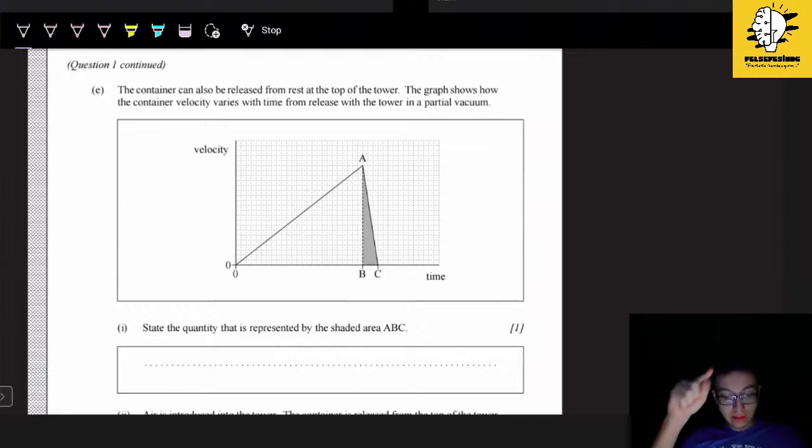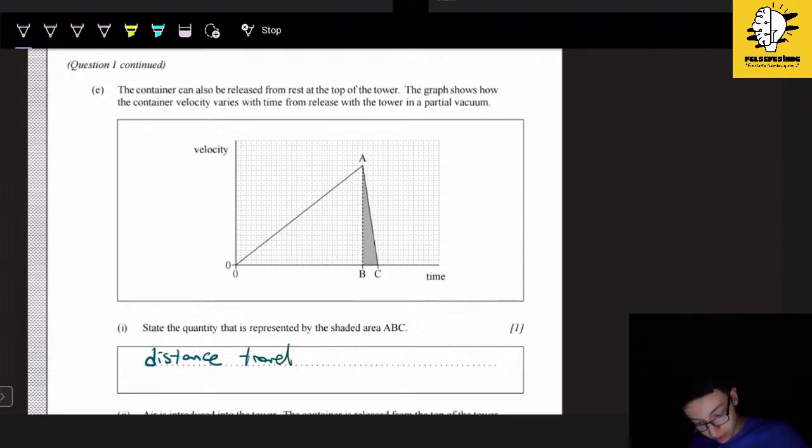So, since this is the deceleration part, we can say distance traveled, since this is a velocity versus time graph, the area under the velocity versus time graph gives us the distance traveled while stopping in styrofoam.